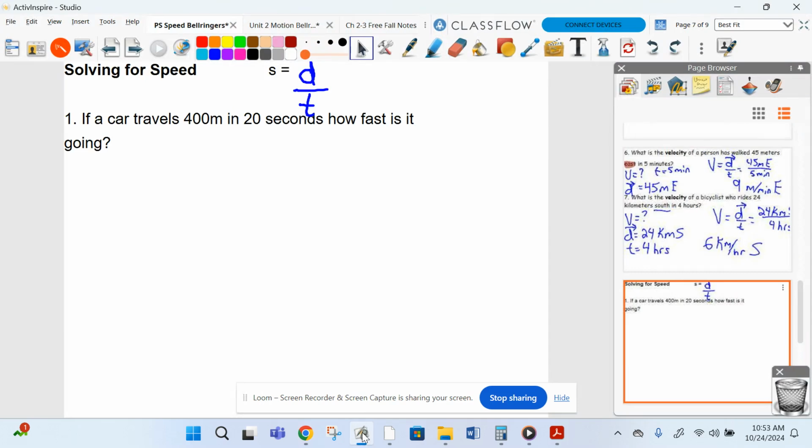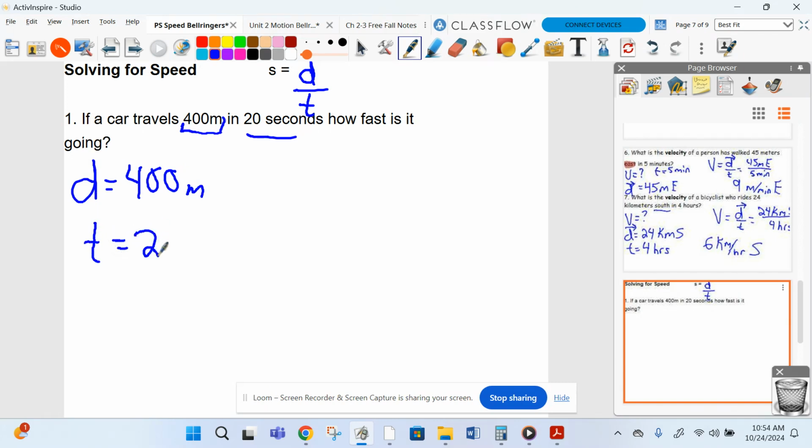So if I take a look here at question number 1. Question number 1 says the car travels for 400 meters. Meters is a measurement of distance. It takes 20 seconds. Seconds measures a time. How fast is it going? How fast asks for a speed.